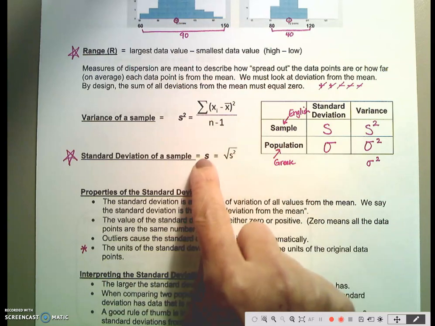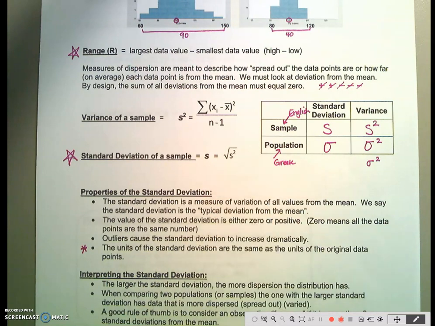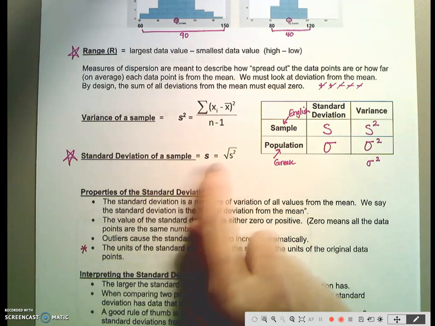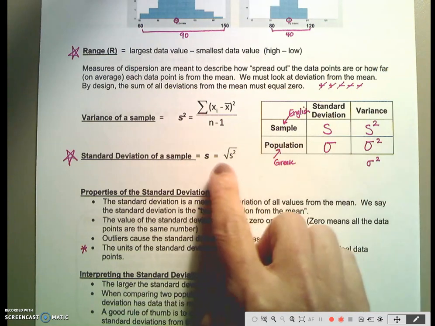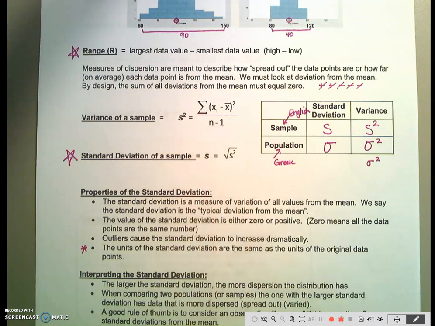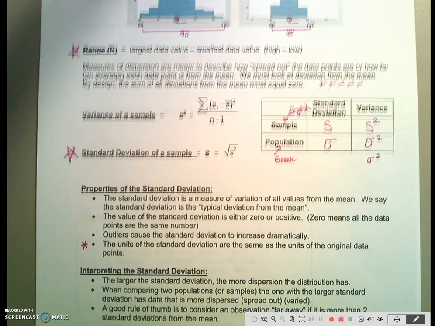So we like standard deviation because the units will be the same as your data. If you're talking about the number of people going through a drive-through, your standard deviation would be 4 or 5, however many, whatever it turns out to be, people. Variance would be square people. Again, I don't know what a square people is. I don't know what that is. So we like standard deviation better.